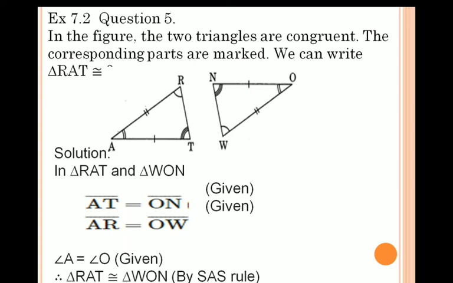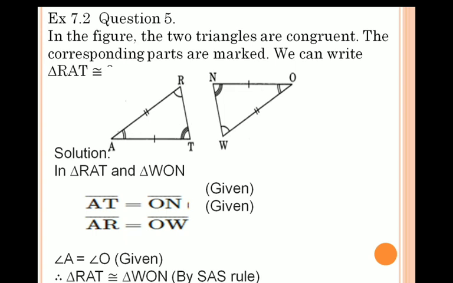They give us AR congruent to, look here, the double marking, which is side WO. And for AT, it shows the single marking, which is ON. Angle R shows the single marking, and likewise angle W.